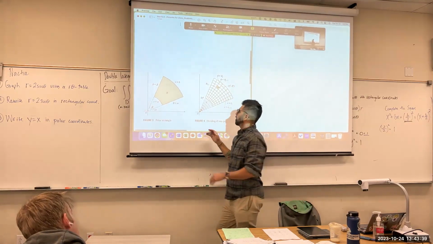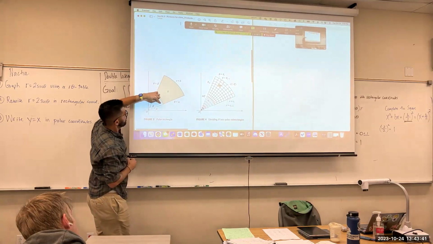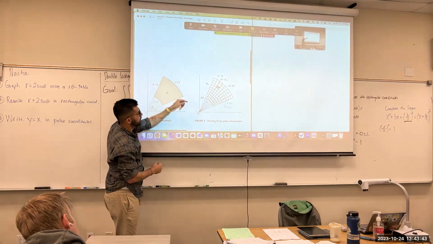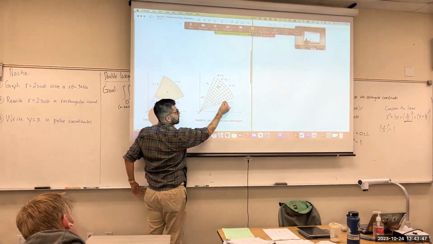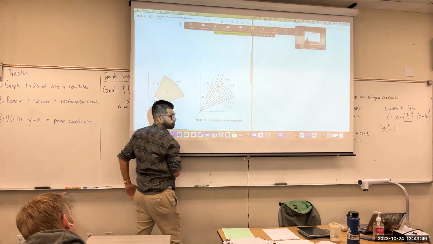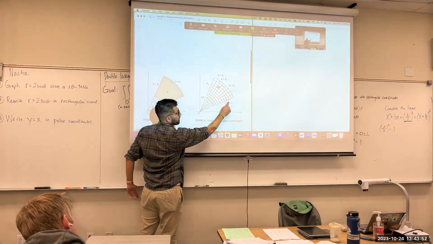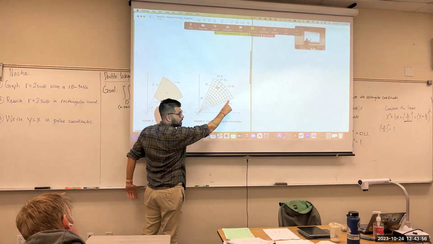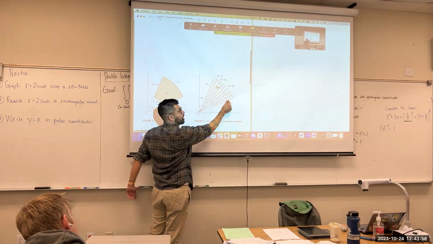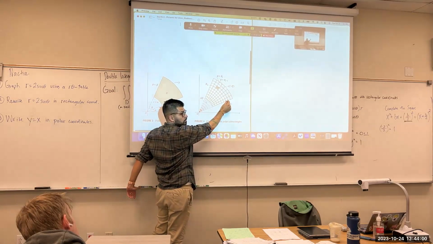We're going to break up our r values, from A to B, into little sub-intervals like this. This interval goes from r_{i-1} to r_i. So we're going to call this the ith r interval.